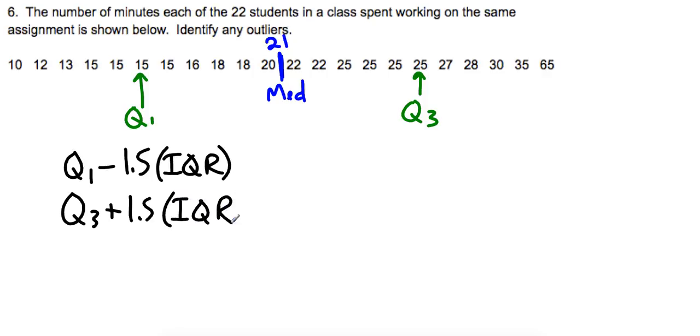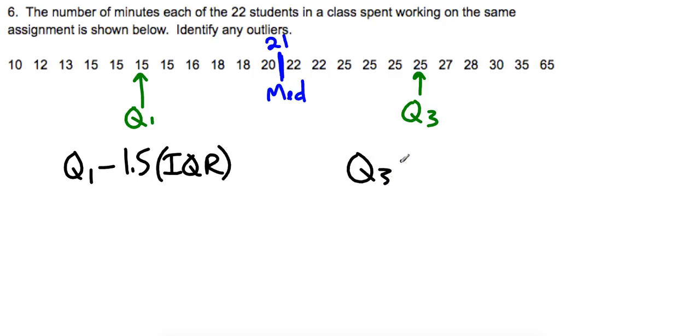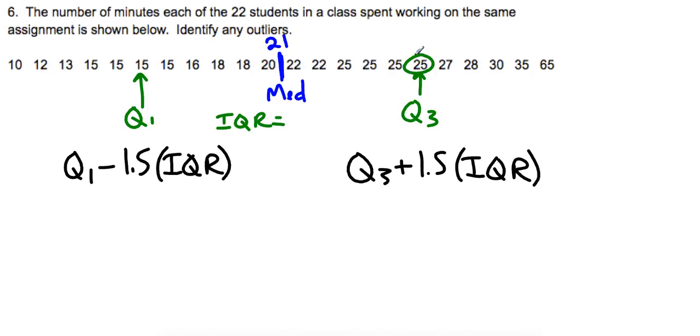We're going to plug these numbers in. Our interquartile range, the IQR, is third quartile minus first quartile, so that's going to be 10.